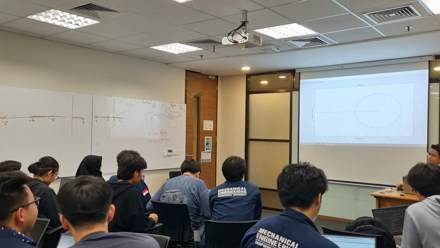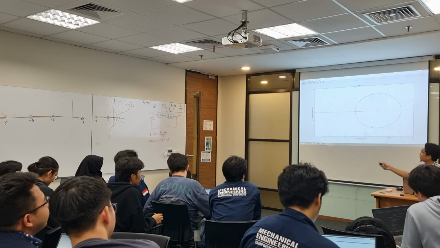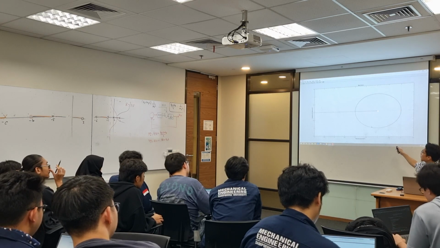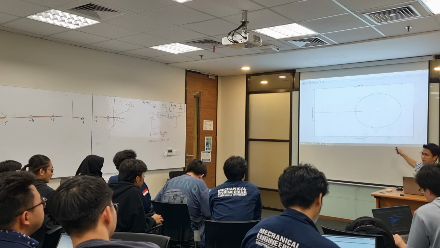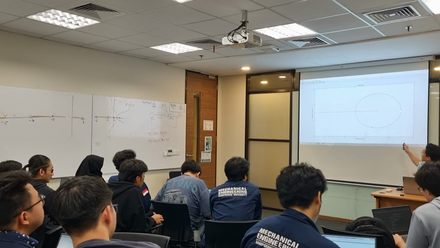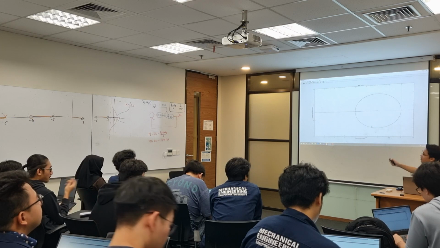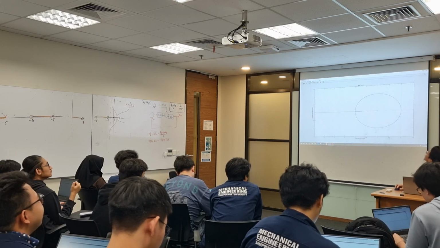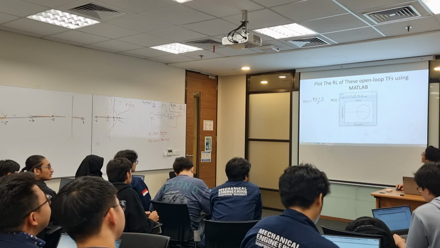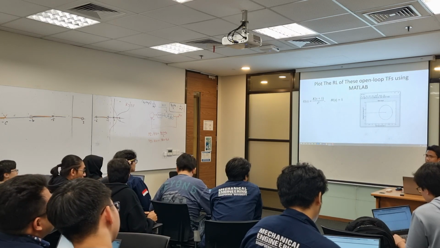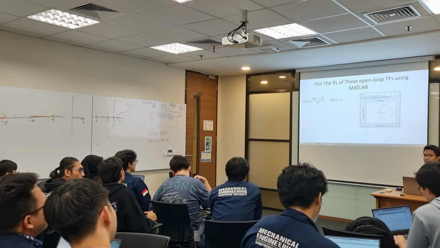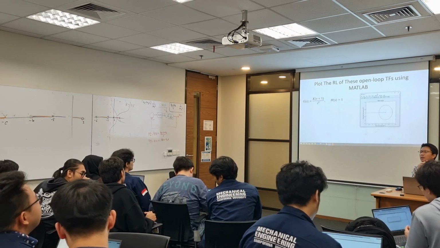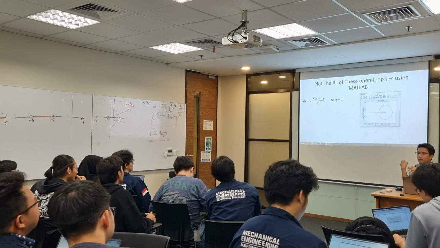So you see, you have two open loop poles here, and then one open loop zero in here. So it goes like that. Anyone still have problem on drawing the root locus?